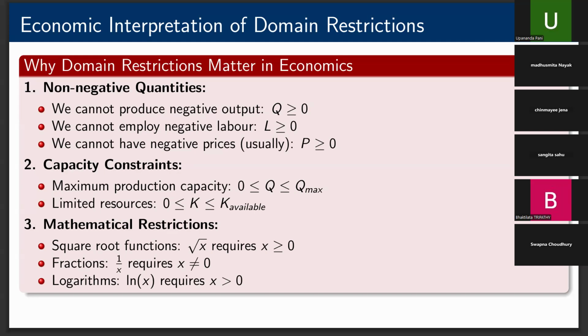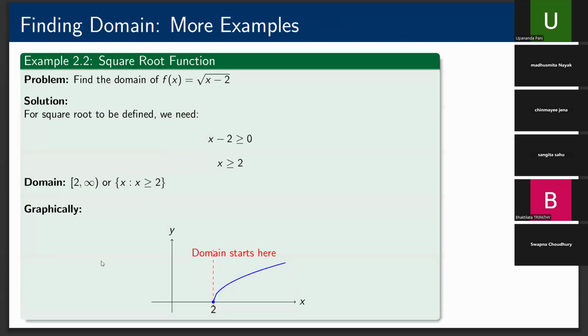Suppose a function, output q equal to root over L, or x, where x is the labor. We know the root of a negative number is not possible. That's why we restrict the domain so that x is a positive number, and so on. Again, the square root of a positive number is possible. So in this condition, f of x equal to square root of x minus 2.